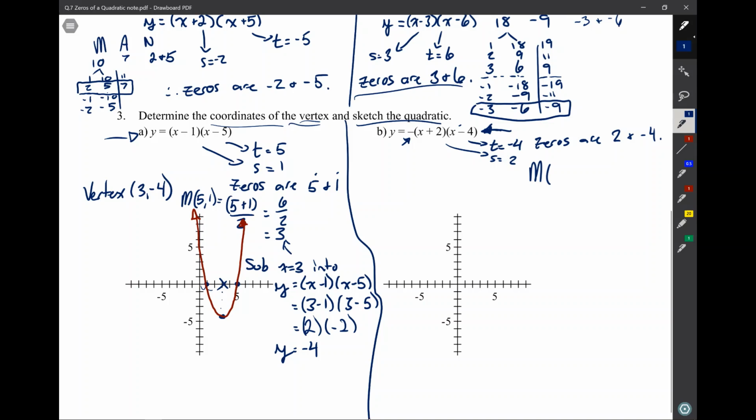This time, the midpoint of 2 and negative 4 equals (2 + (-4)) divided by 2. Well, 2 plus negative 4 is negative 2, divided by 2 equals negative 1. So that, again, is the x-coordinate of our vertex.